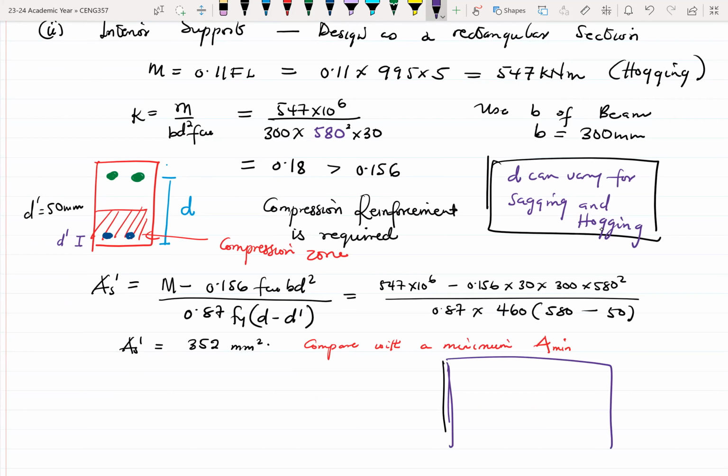Okay. So A minimum is equal to 0.0013 BH. So A minimum for Fy equals 460.